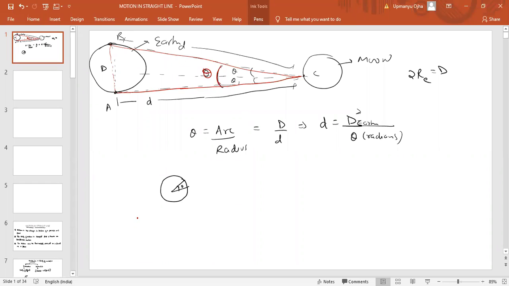Any other doubts in kinematics 1D which I am teaching you, or units and dimensions? Any other doubts you are having?